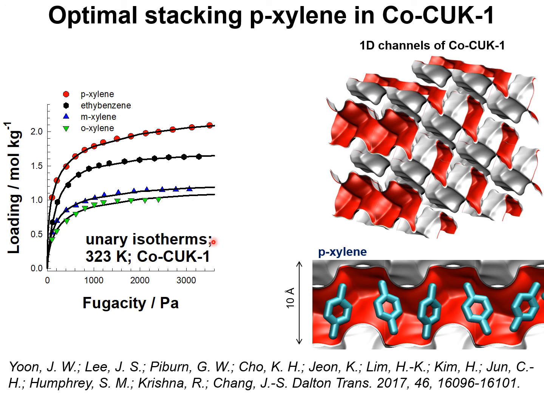However, the selective adsorption of para-xylene from mixtures has not been established experimentally, either from mixture adsorption experiments or from breakthrough experiments. And this is a subject for future MOF development and work.